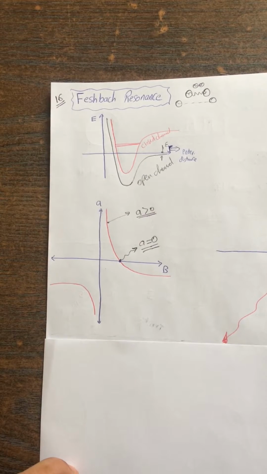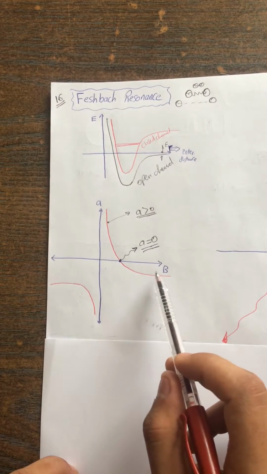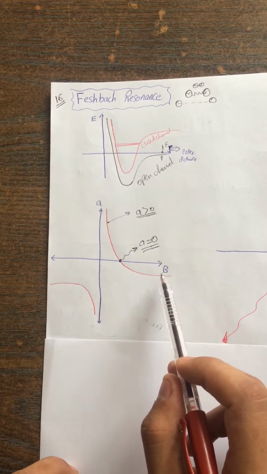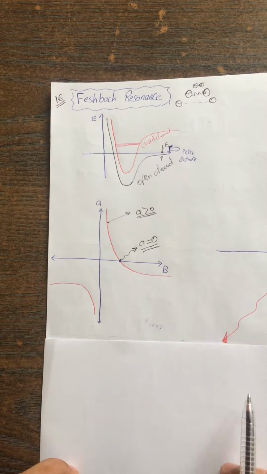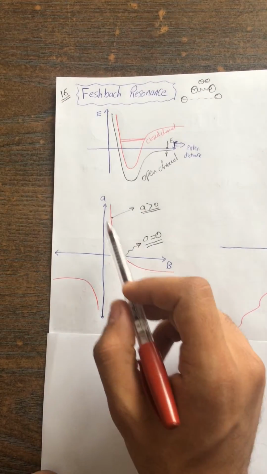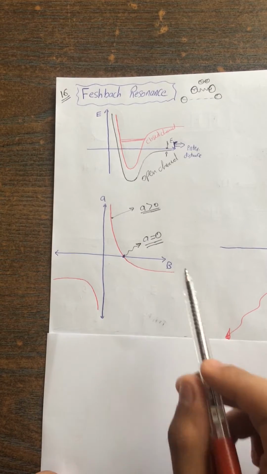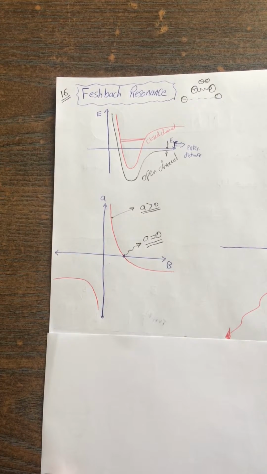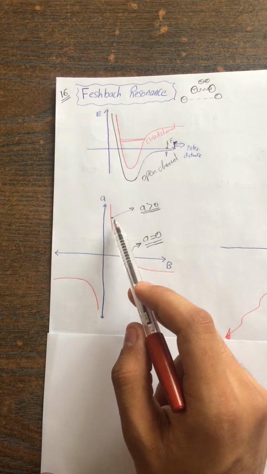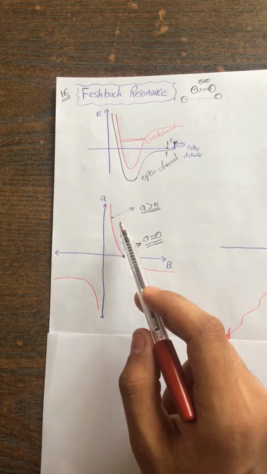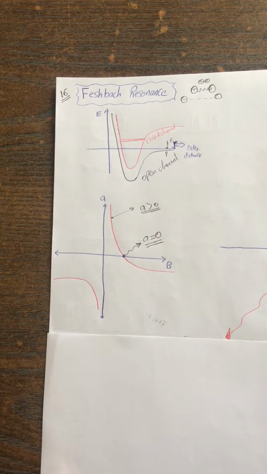So if you draw a diagram representing the magnetic field, this is the axis of the magnetic field for two atoms. If you apply a positive magnetic field, you see here the scattering length is larger than 0, and you call it an effective repulsive interaction.